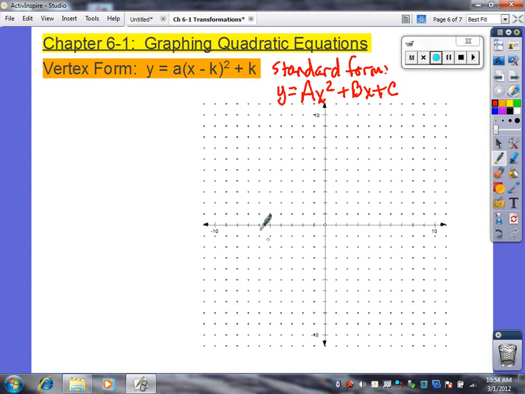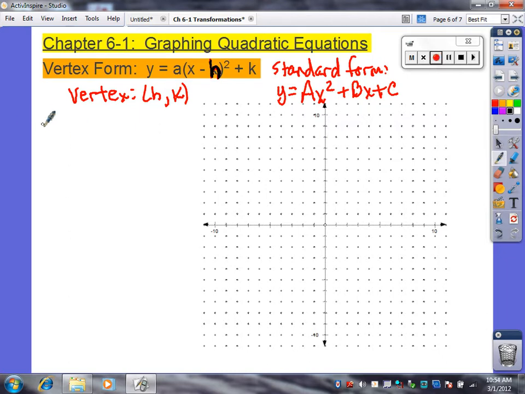So this is standard form, which we've been doing lately. Here is the vertex form, and in it you will find the vertex, which is h, comma, k. This is written wrong here, let's fix that. That needs to be an h. So h, comma, k.